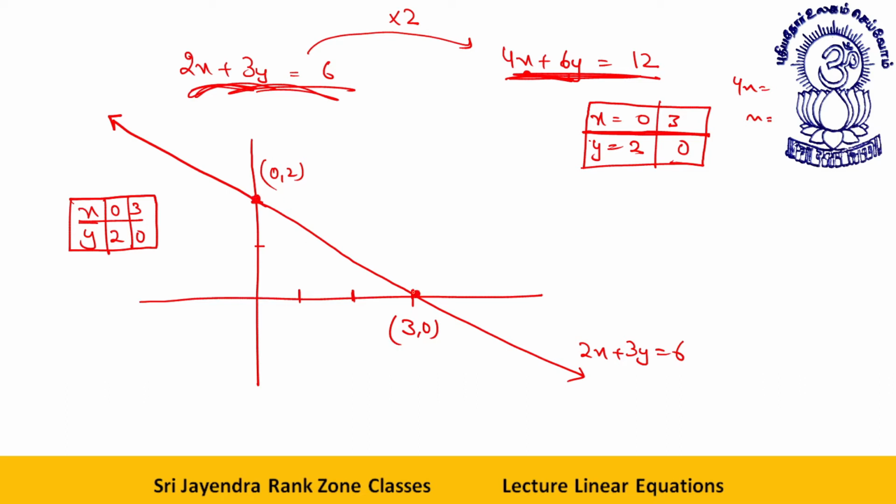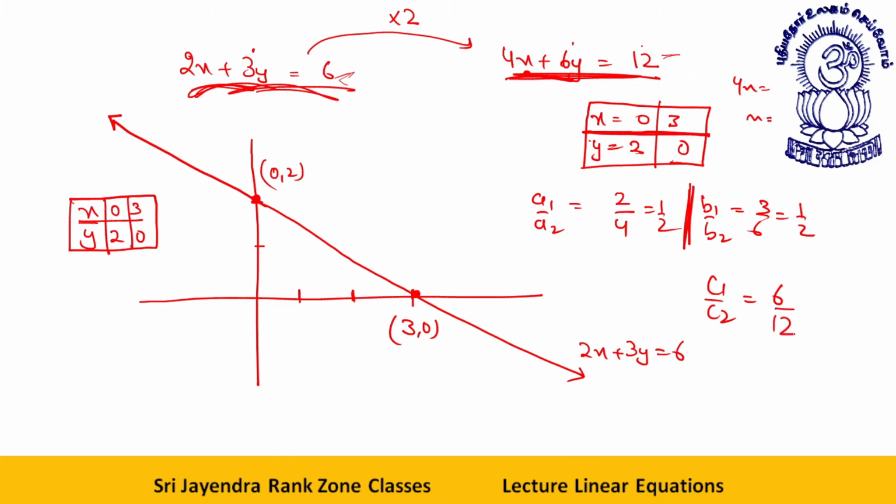In such a case, let's see what happens. a1 by a2 is what? 2 by 4. b1 by b2 is what? 3 by 6. This is half. This is also half. Then c1 by c2 is what? 6 by 12, which is again half.